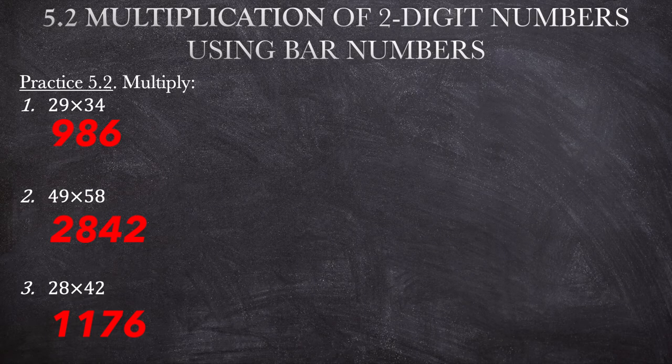So these are the answers from our practice there. How do we answer this? We have 29, and we're going to make use of bar numbers here. 29 becomes 3 bar 1, and then we multiply that by 34.